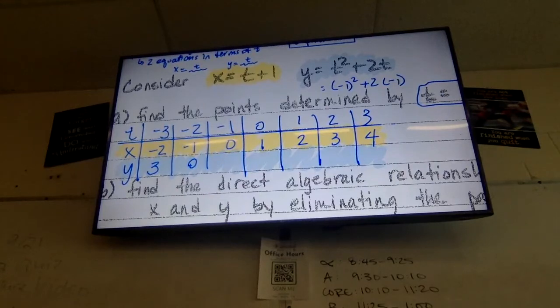Do -1. -1 squared is 1. 2 times -1 is -2, so that's going to be -1. 0. 0 squared is 0. 2 times 0 is still 0, so that point is 0. 1 plus 2 times 1 is 3.